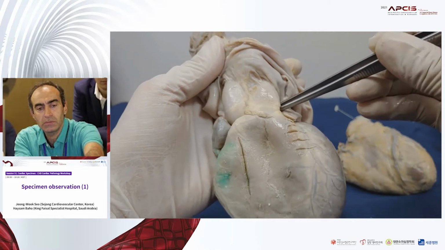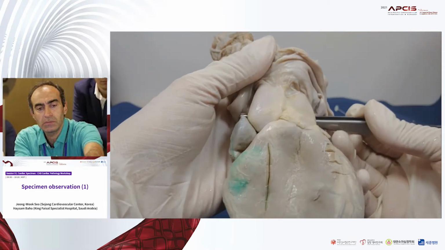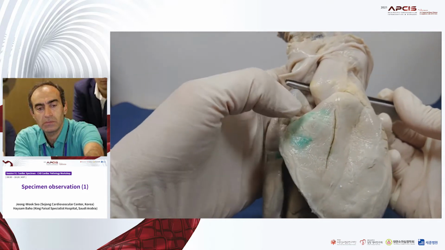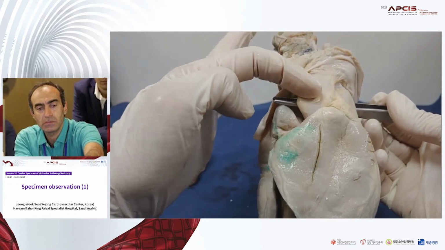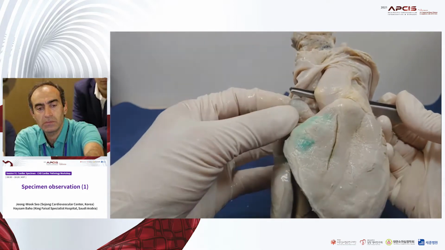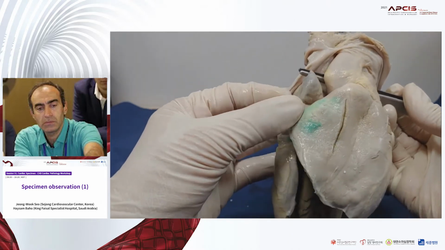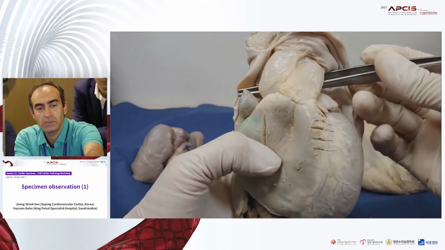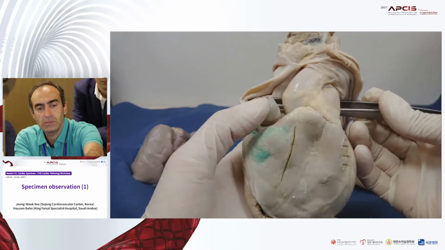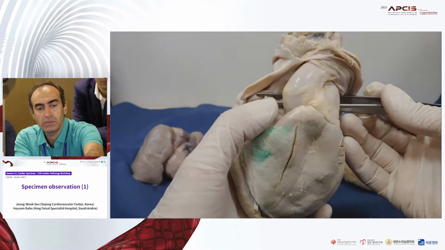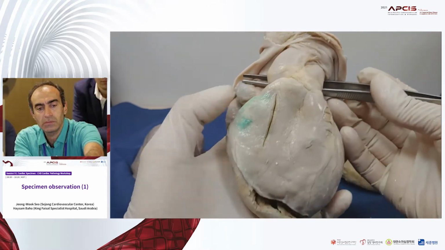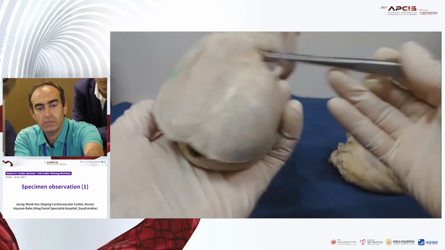If we put a probe behind the pulmonary trunk and the aorta into the right side towards the right atrium here, this probe is in what is called the transverse pericardial sinus. So the transverse pericardial sinus runs behind the aorta and pulmonary trunk.